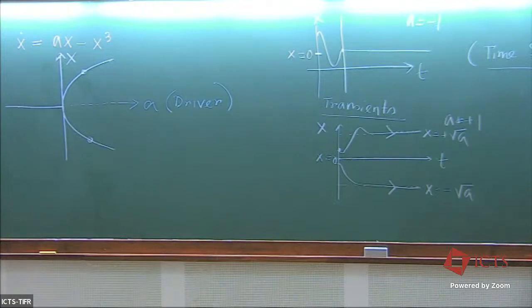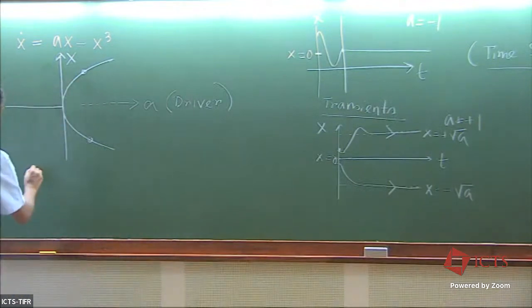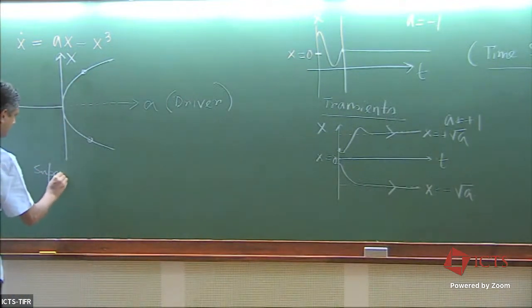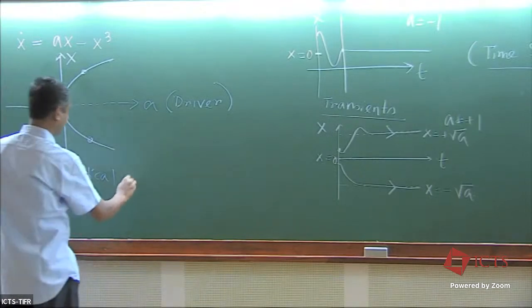The notion of basin of attraction will come. So it was a globally stable equilibrium point, but here it is not the case. Here they are locally stable: only if you start in the basin do you converge to that particular equilibrium point. So this one is an example of a supercritical pitchfork.